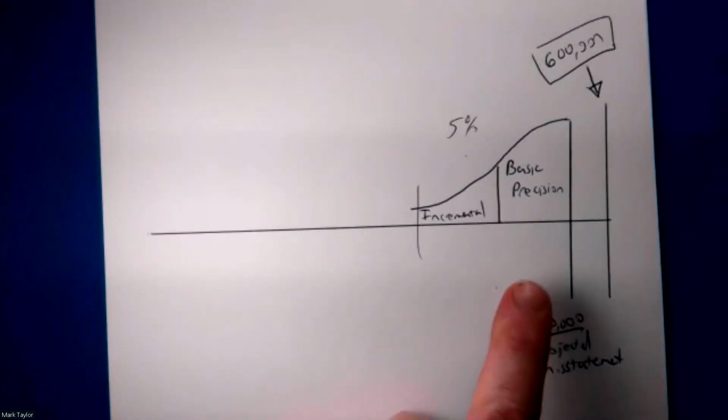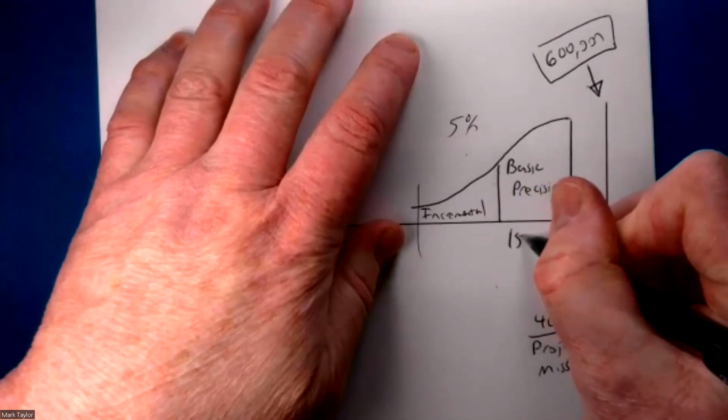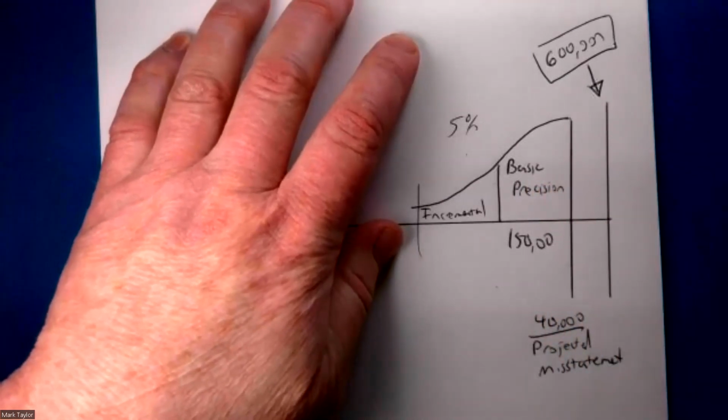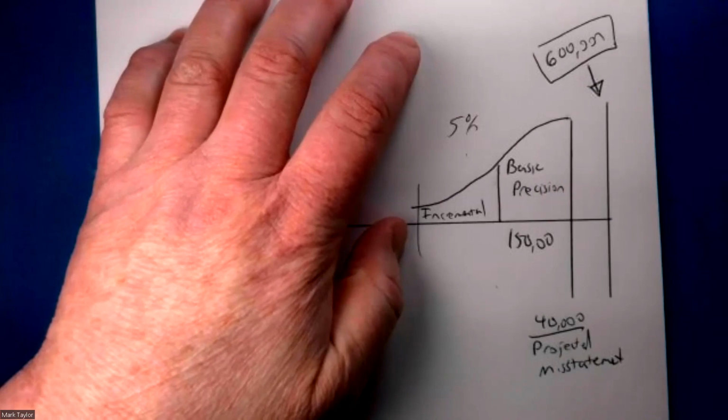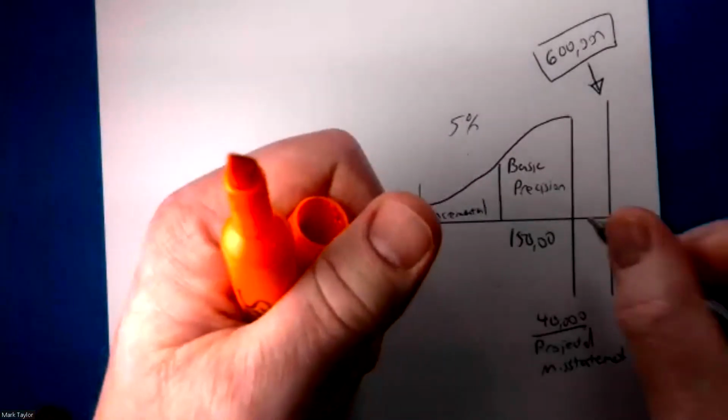That makes sense. So that's what this is. This would be 150,000, I think we just said. Oh, I guess you need another 0 in there, don't I?